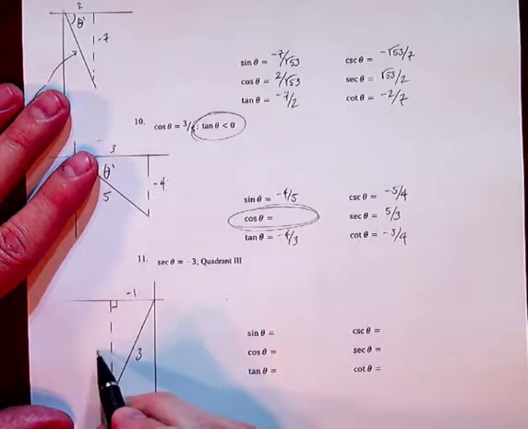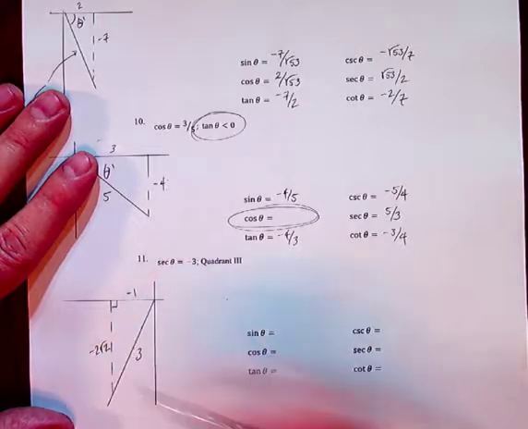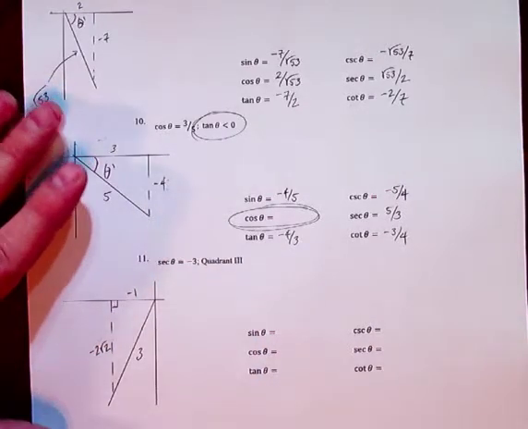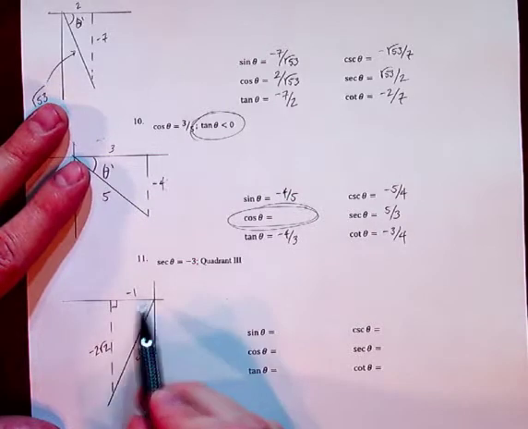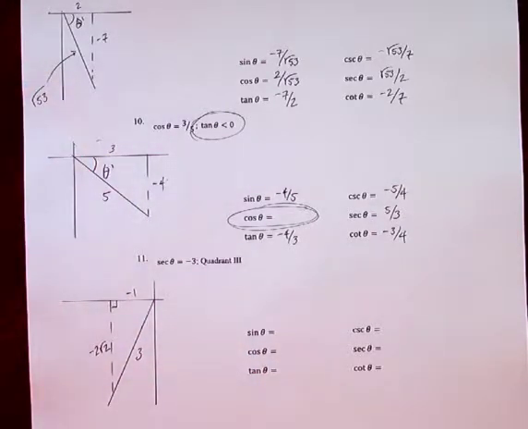So this is √8. This is 2√2, but it's not just 2√2, it's -2√2, because in the third quadrant, both x and y are negative. So if you missed the negative, you lost points. If you gave me √2 instead of 2√2, you lost points.